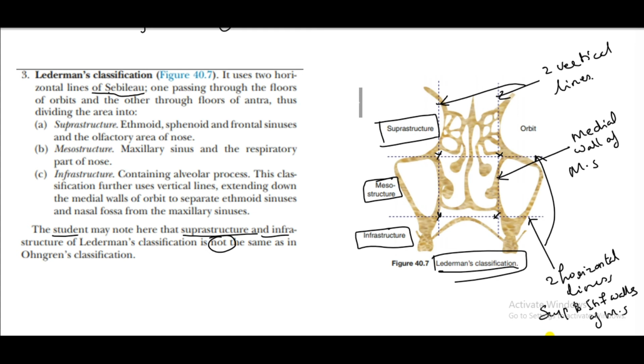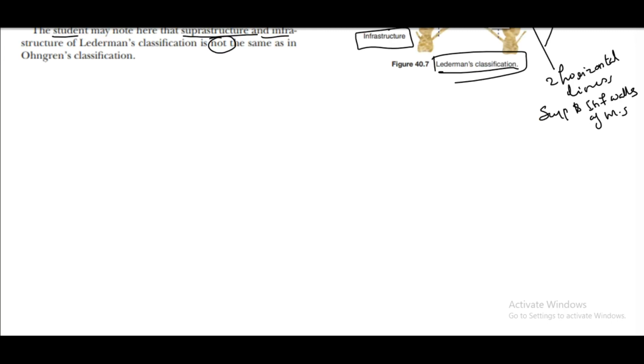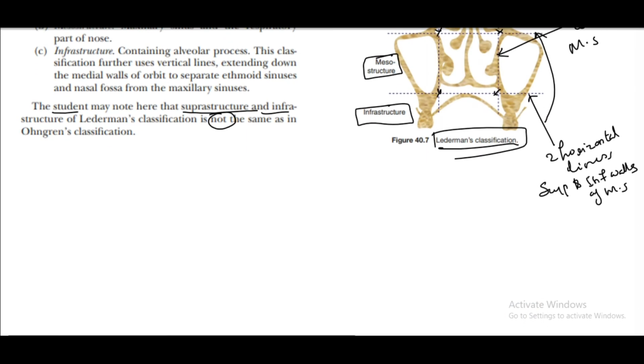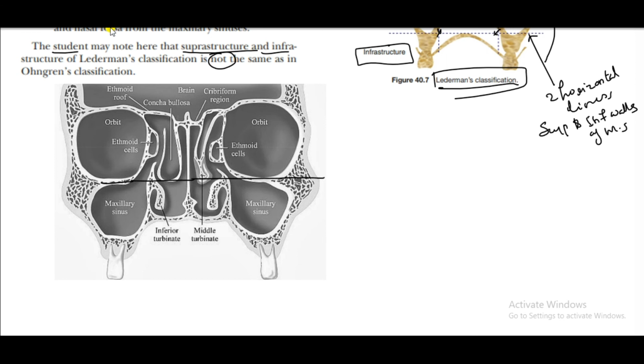This classification further uses vertical lines extending down the medial walls of the orbit to separate the ethmoidal sinus and the nasal fossa from the maxillary sinuses. So in this picture, we can draw the lines of Sebileau.